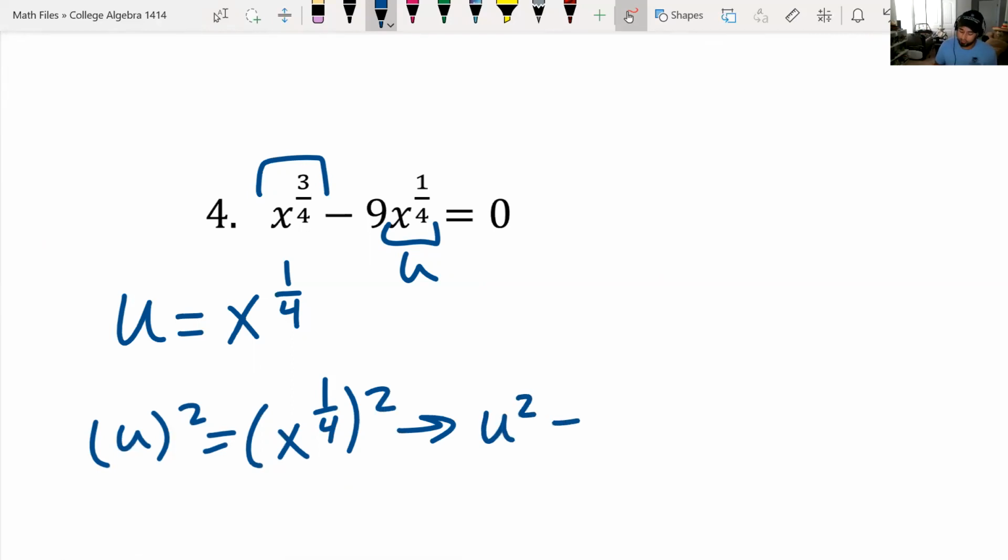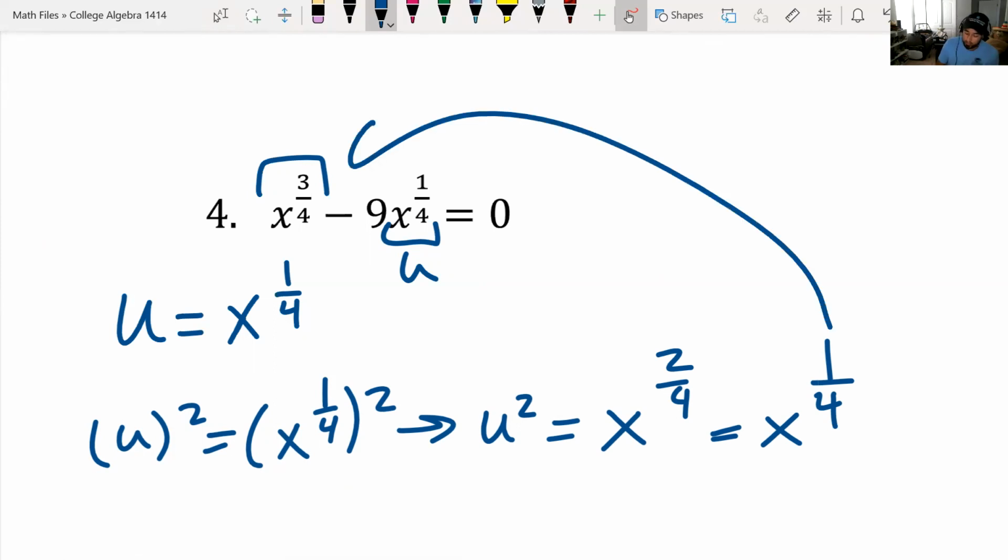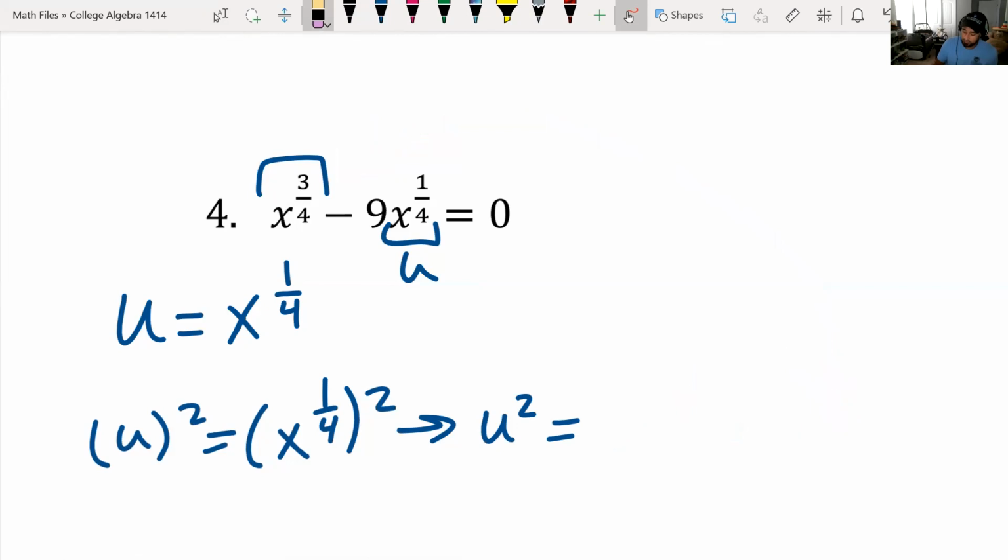You'll get u squared equals x to the 2/4, or x to the 1/4. Right? Definitely really, really weird. So we need to cover our leading term, and this does not. So we must rethink it.